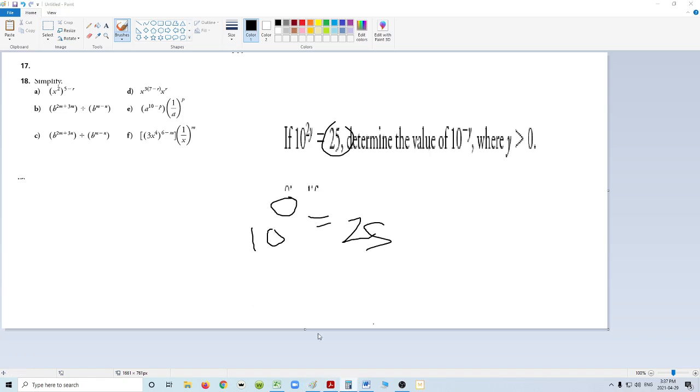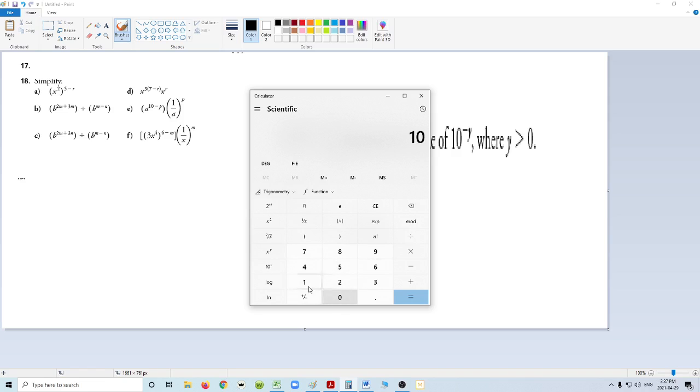So to do that, you'd say, okay, I'm going to take 10, and I'm going to put it to the exponent of 1.1. I get 12. And I'm going to take 10 and put it to the exponent of 1.2. And I get 15, so it's around 1.4. I'm going to put 10 to the exponent of 1.4.